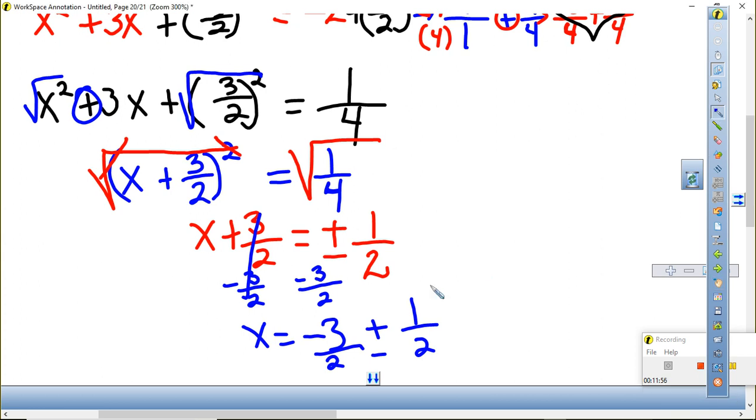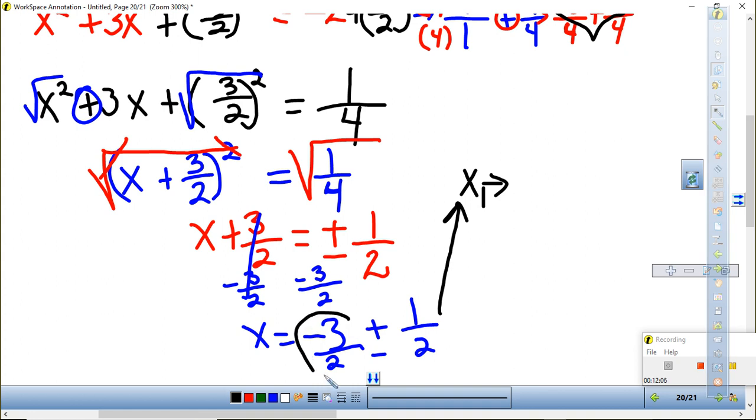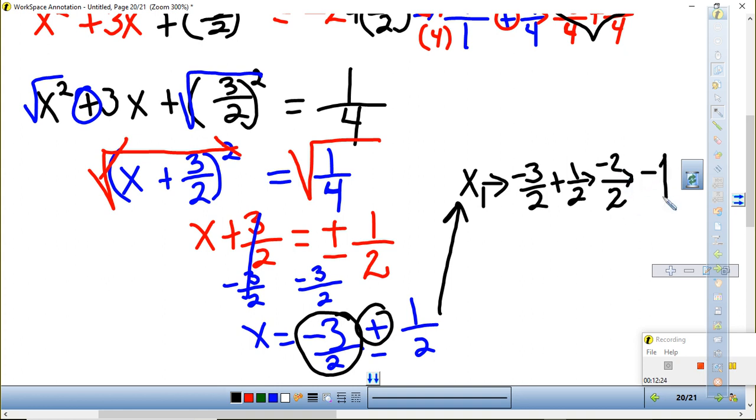And right there, we just need to write our two equations. X sub 1, I have negative 3 over 2, which is here. Negative 3 over 2, then plus 1/2. Do we have a common denominator here? Yes, 2. What is negative 3 plus 1? Negative 2, which is negative 2 over 2, is negative 1.